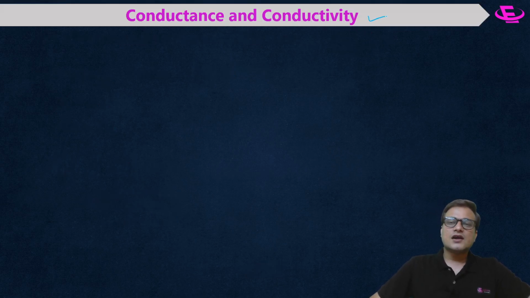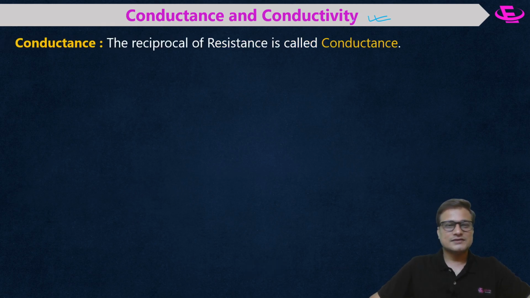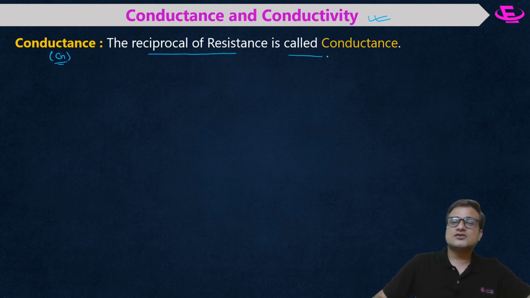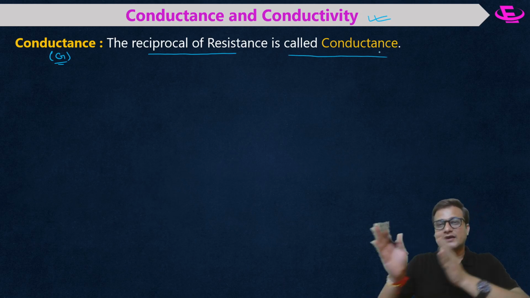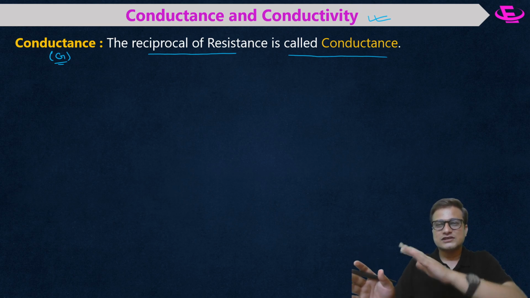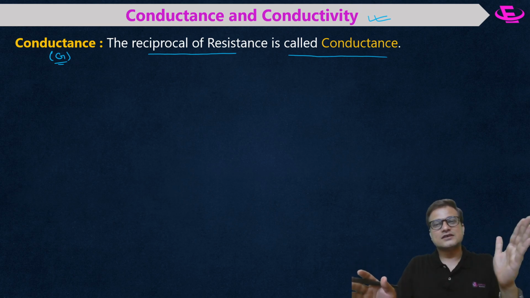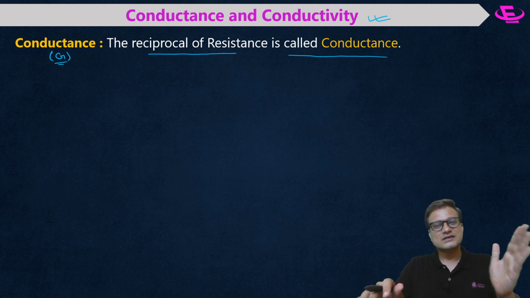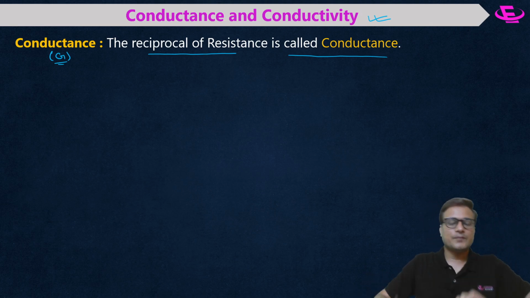Next part is conductance and conductivity. Let us see conductance. What is conductance? Conductance is represented by capital G. The reciprocal of resistance is called conductance. Resistance opposes current, while conductance is the opposite of resistance, that means it supports current. Clear?